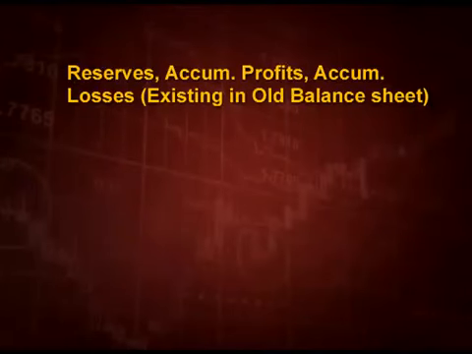The next point is, if there are some reserves, accumulated profits or losses given in the balance sheet at the time of admission of a partner, what to do with that? Reserves, accumulated profits, accumulated losses existing in the old balance sheet. Who has a right on all these things?